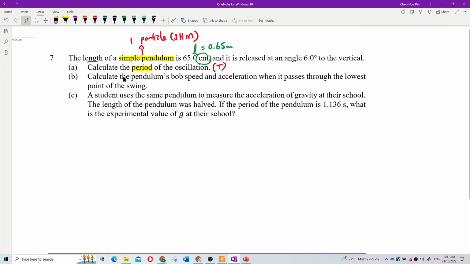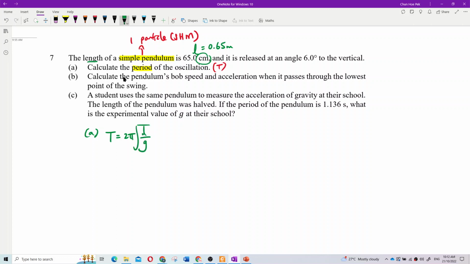Okay, use that. So question A. So I can find my period for simple pendulum. L over g. Okay, and then L, I've changed to SI unit already. So okay lah, 0.65 meter. And then gravity is 9.81 meter per second square.